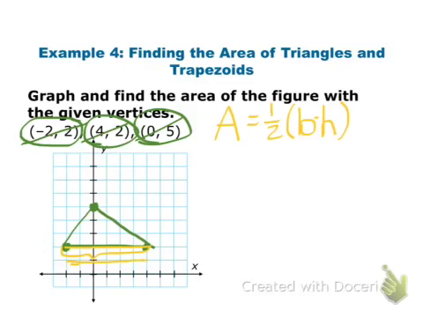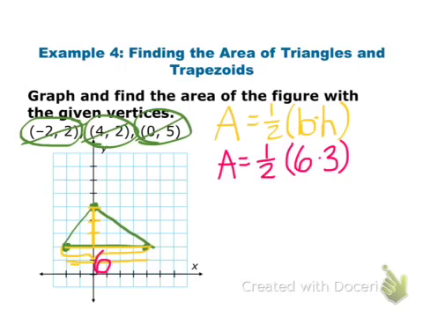So that is a base of 6. I'm just going to substitute 6 for my base over here. And then to find my height, I need to do the same thing. Right here is height, so I need to count 1, 2, 3 for my height, so I can substitute in 3 here. And then our area, just finish out the formula, is 1/2 of our 6 times 3. So 6 times 3 is 18.